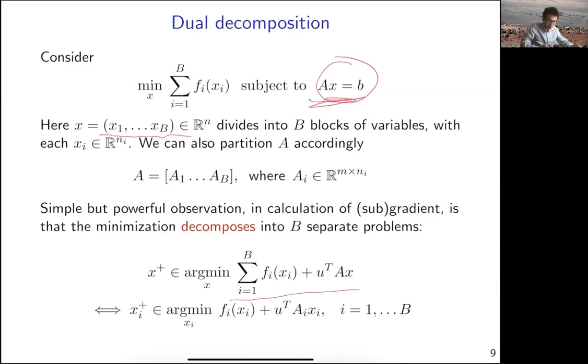Suppose we write the Lagrangian and then try to minimize the Lagrangian, and that problem decomposes into small chunks, and each one of them you can solve for xi. And that says that if you want to run dual ascent on this problem, you can essentially calculate the gradient very efficiently and maybe in a distributed fashion.